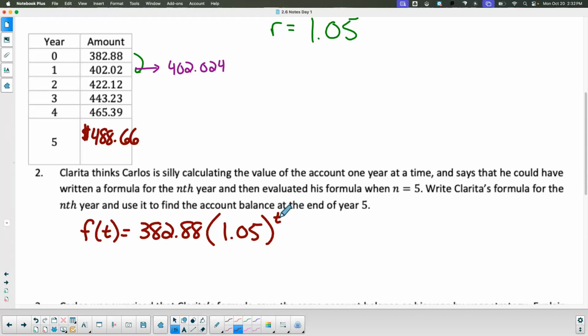Now, use that formula, plug in 5 for T on your calculator, and tell me if you get 488.66. Yay or nay?